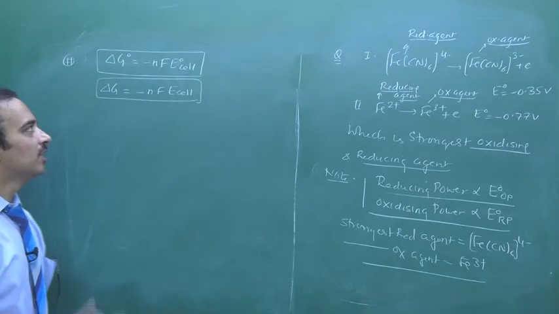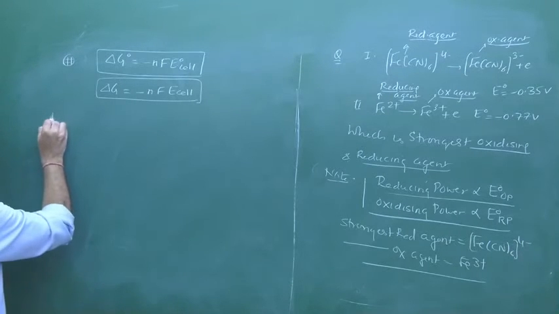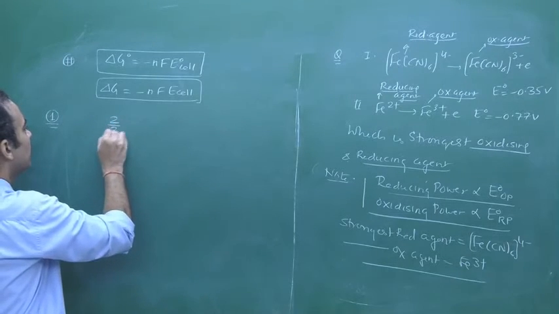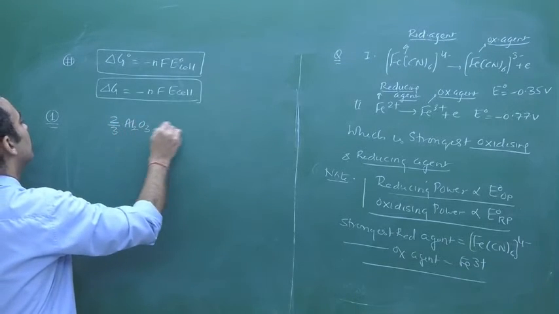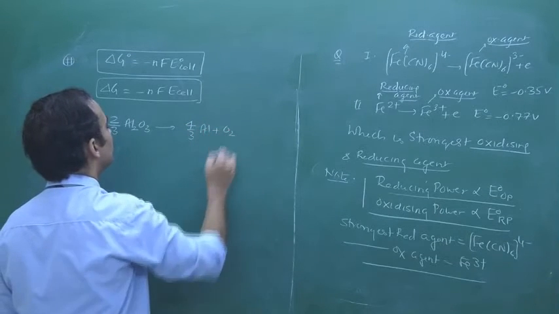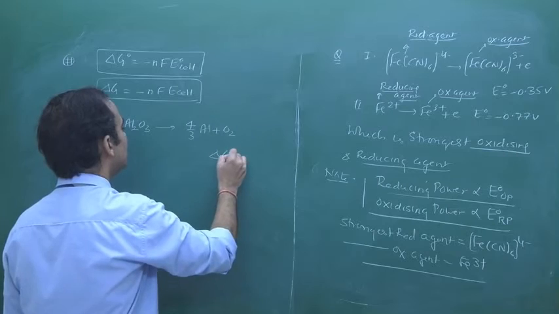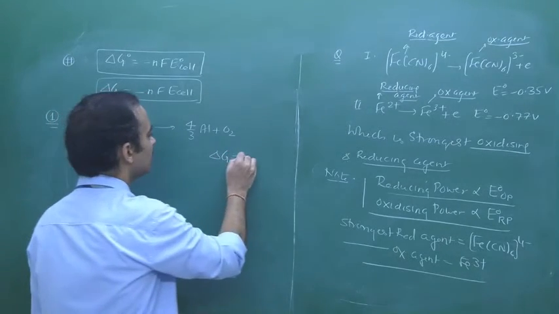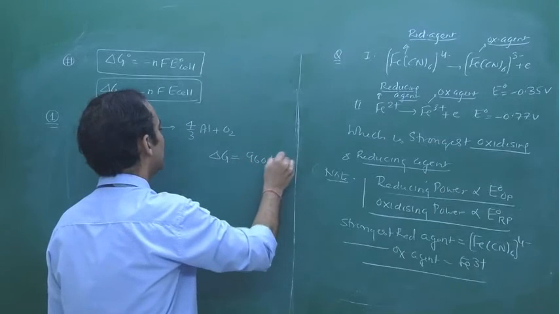Now, a question on this. Beta, the first question is, suppose we are given a reaction of this type. Its delta G is given to you. Let us suppose it is 960 kilojoule per mole.